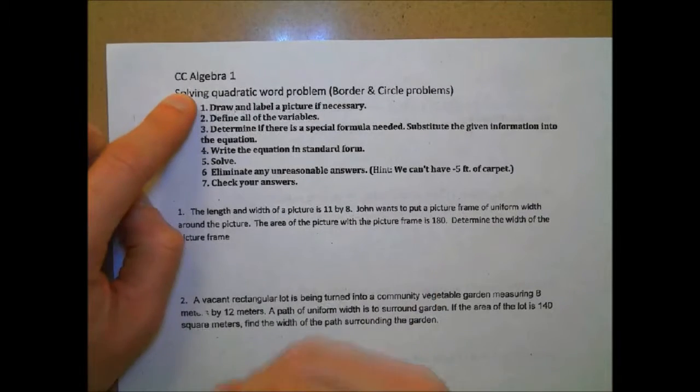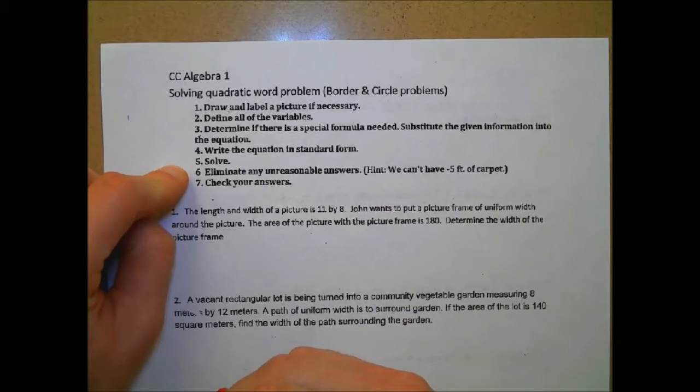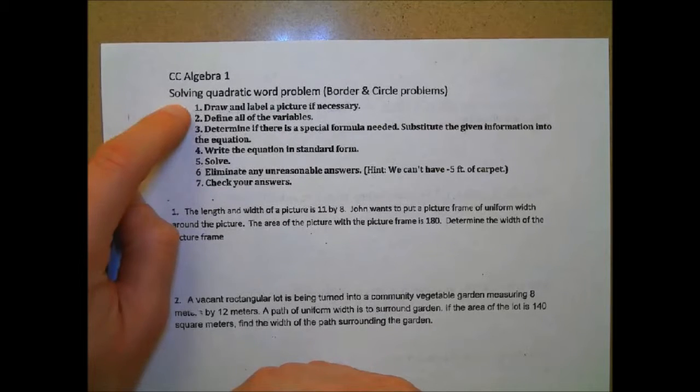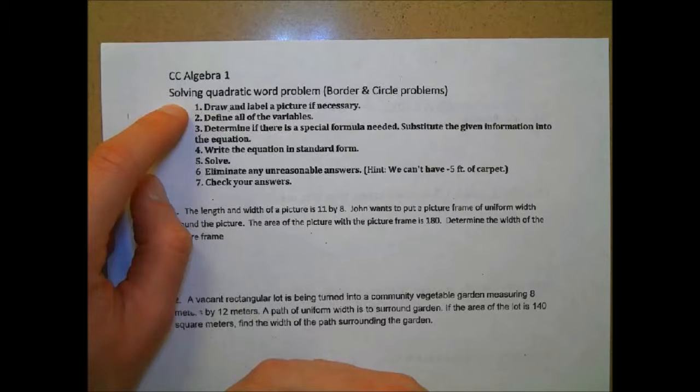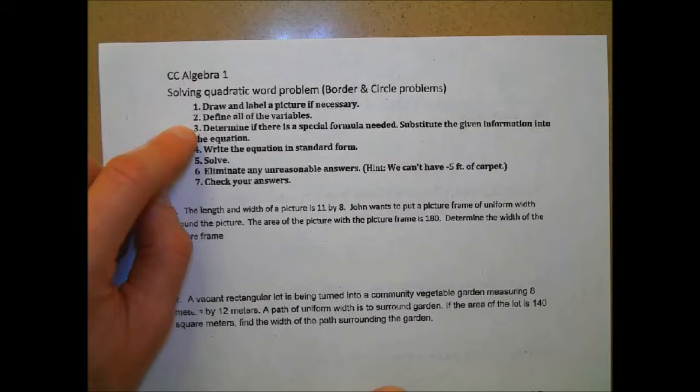These directions here, don't fret too much about this. It's pretty typical stuff for what we're used to seeing. Number 1, it's a good idea when you have a word problem to draw and label a picture if that's necessary. It can be helpful. Number 2, define variables. Number 3, determine if there's a special formula needed. And then substitute the given information into the equation.